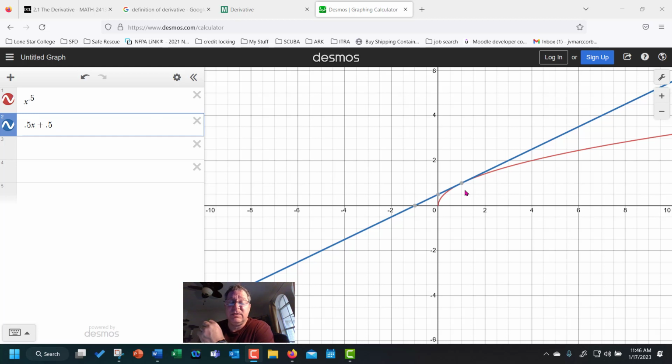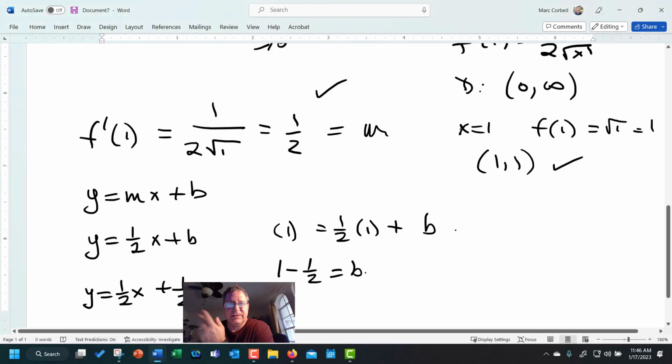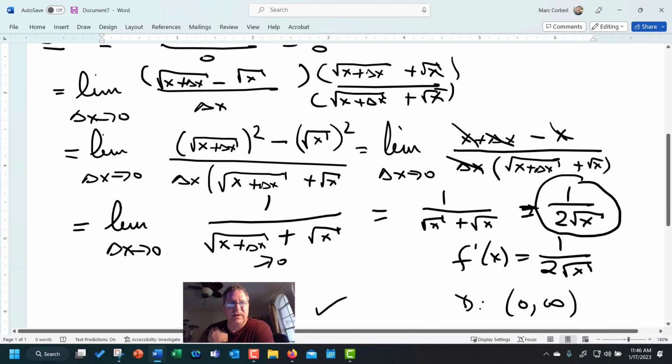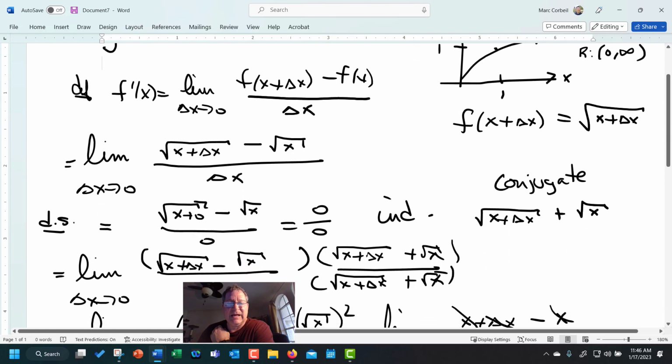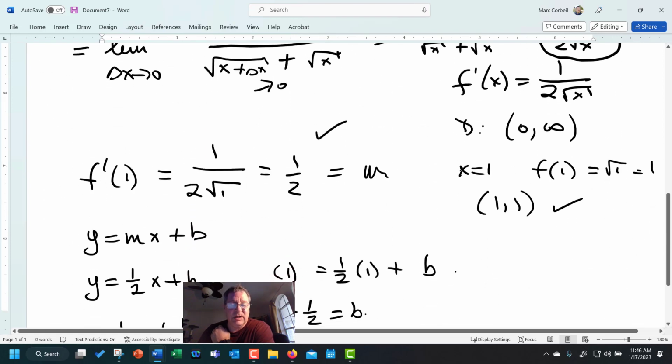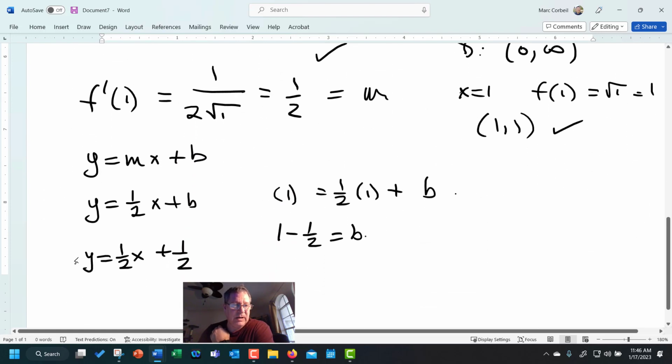So that means I actually have 2 questions I can answer. I can find the tangent line, or the derivative at any point of a function, even a function as unusual as square root of x, and I can find the equation of the tangent line to that function by finding this value out. I have the point that I can work out. I have the slope.